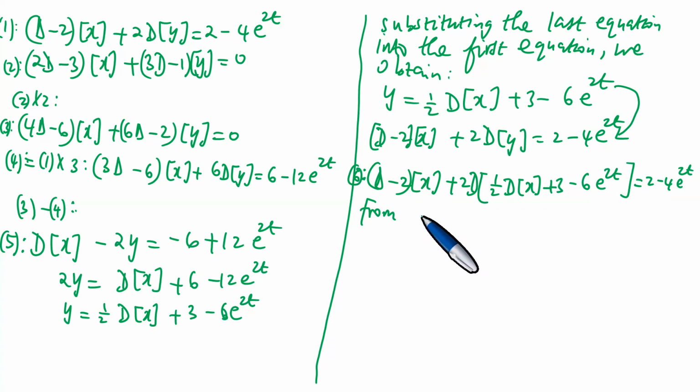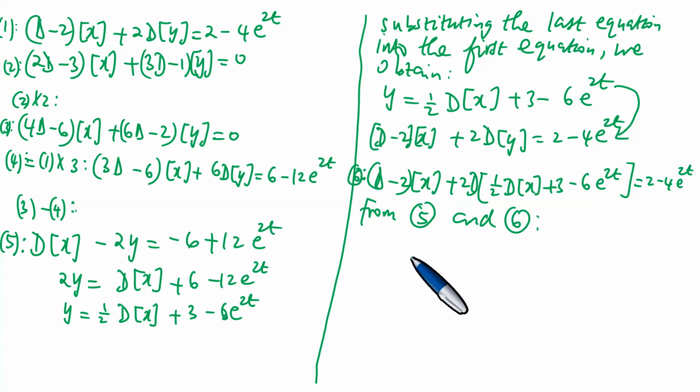Now we say, from 5 and 6, let's see how the triangular system is going to be written. Obviously, we have achieved it. From 5 and 6, we have the triangular system.